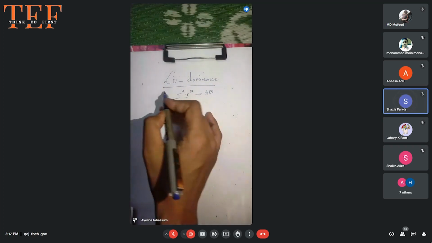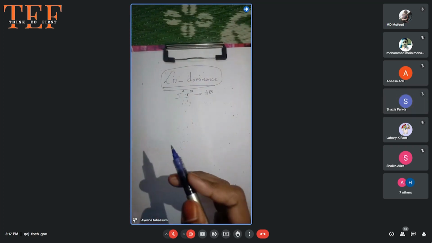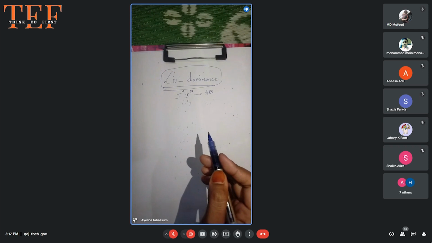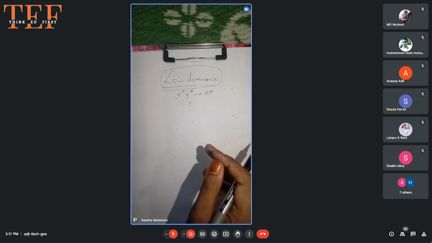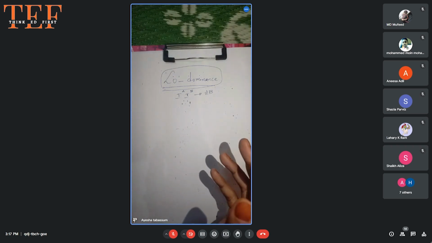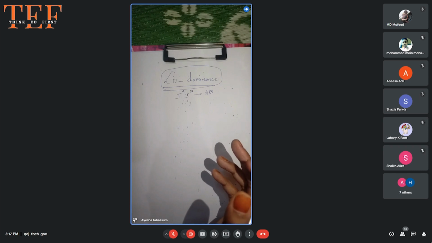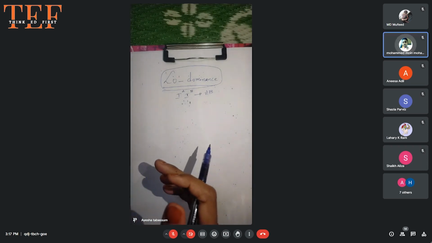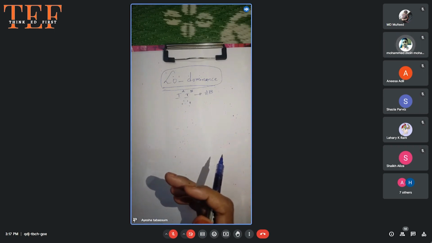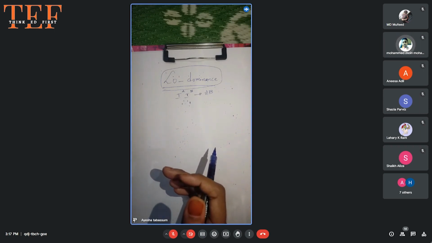That codominance will be there in the option, and you have to mark that. They can give you any example where both the characters of the parents are expressed equally. Okay? So this is about the concept of codominance.